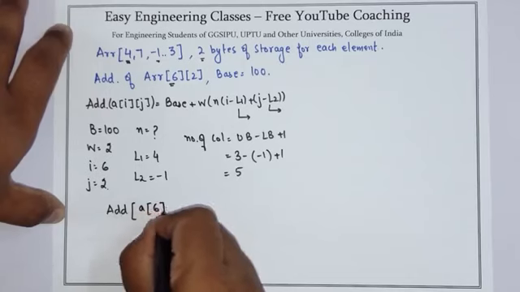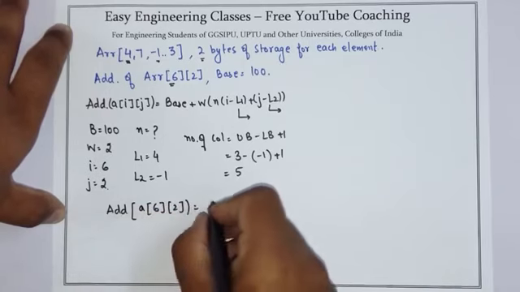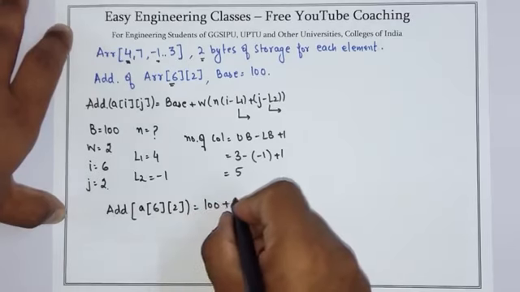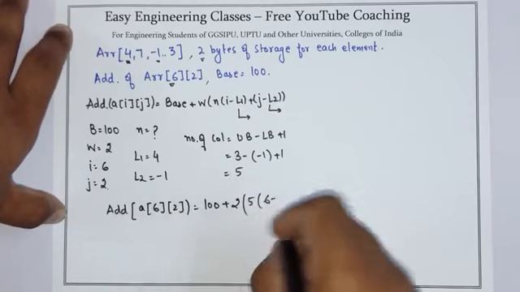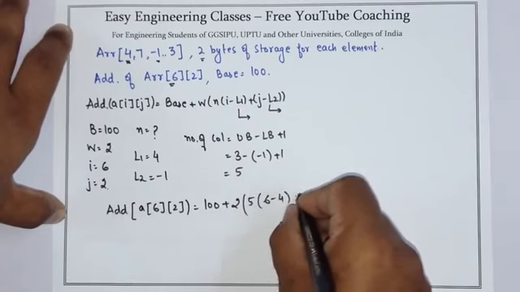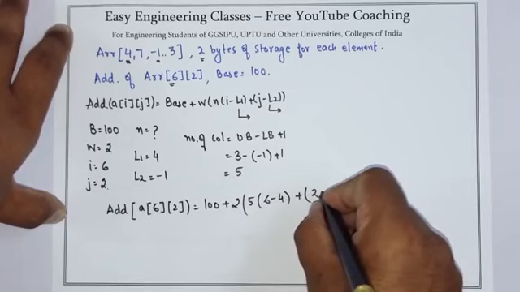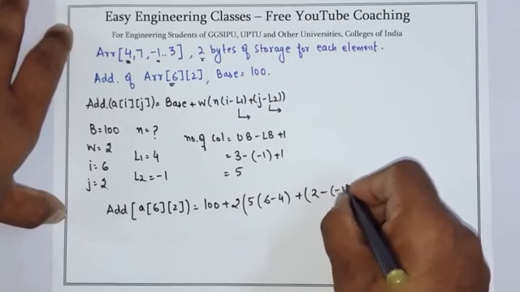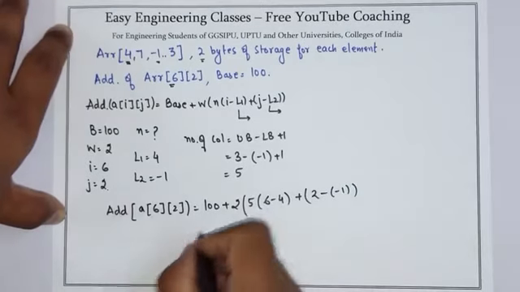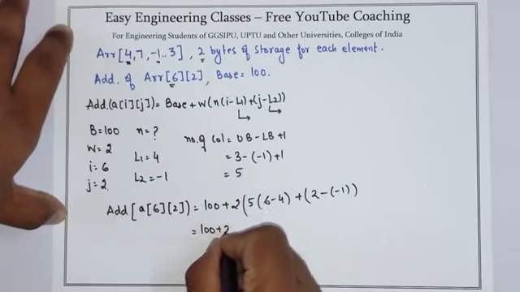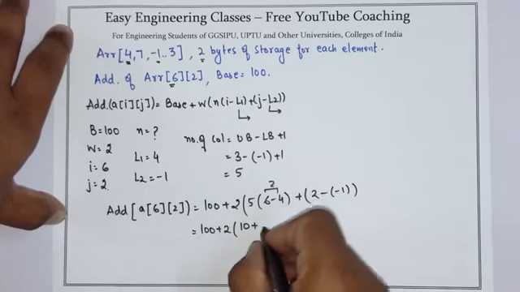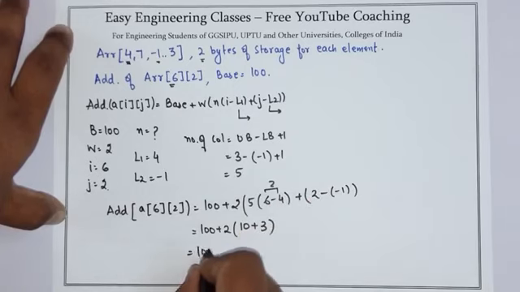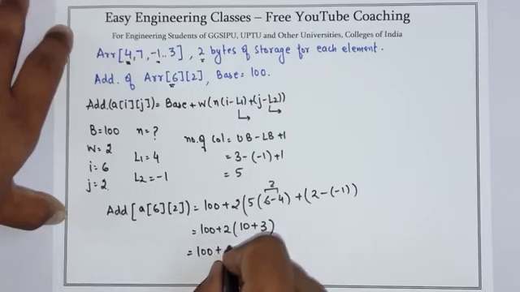Now let's put all the values in the equation. So we will get 100 plus 2 into 5 times (6 minus 4) plus (2 minus 1), which is equal to 100 plus 2 into (5 into 2 is 10, plus 2 plus 1 is 3), so it is 100 plus 13 into 2, which is 26.